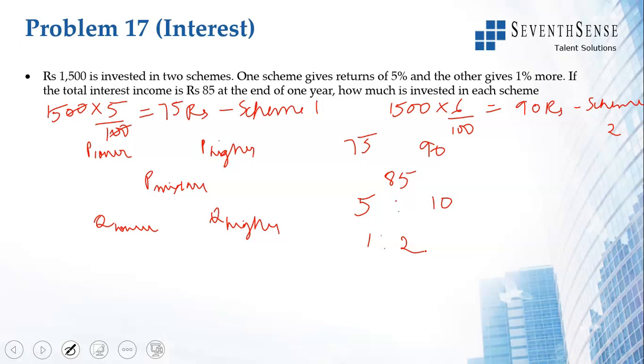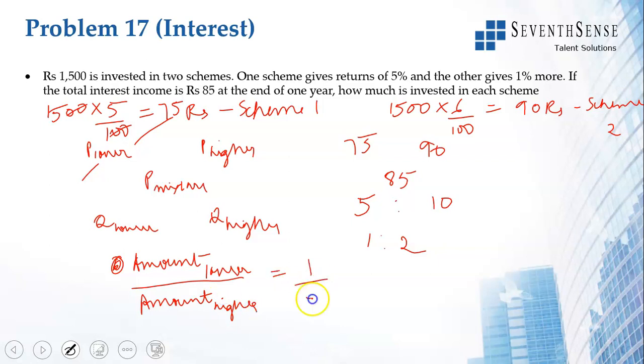It means the amount in the lower scheme, scheme 1, by the amount in the higher scheme is 1/2. So how much is invested in each scheme? In the lower scheme, I'll have 1/3 into 1500, which makes it 500 rupees.